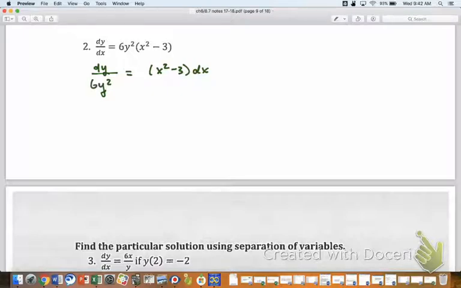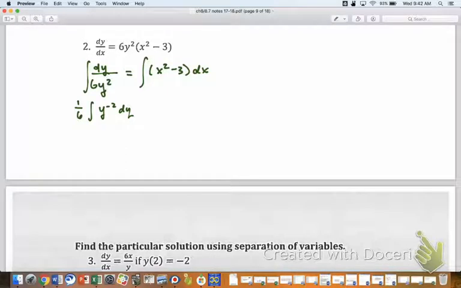Let's bring the 6 over here. Once you've separated the variables, you've opened the door for you to show what you know, right? So this is that key step that allows you to move forward. What comes next if you do separate your variables? That's right. So we're going to do an antiderivative of both sides. So over here, maybe I show some steps, right? Maybe I go 1/6 integral y to the negative 2 dy, something like that.